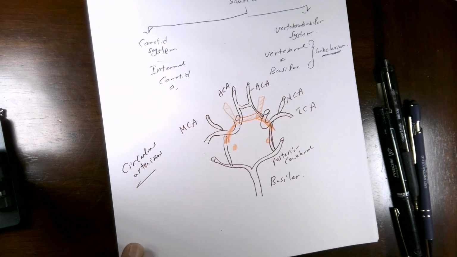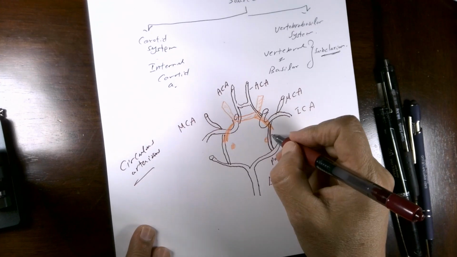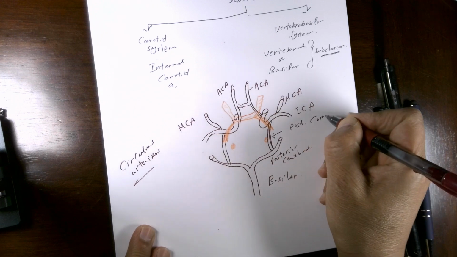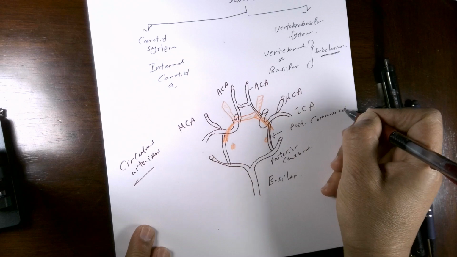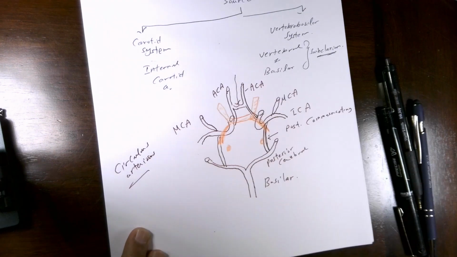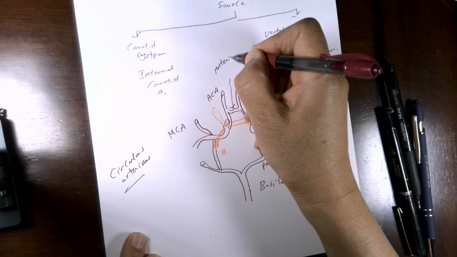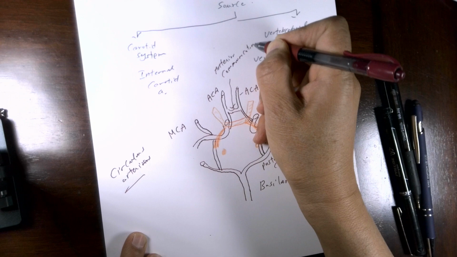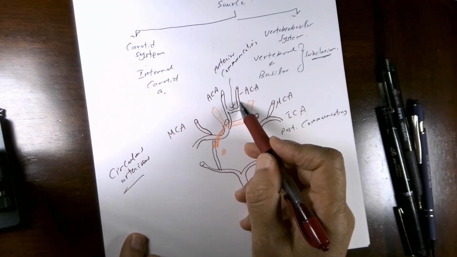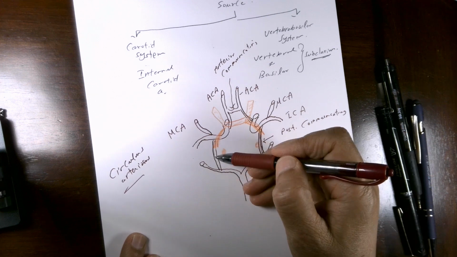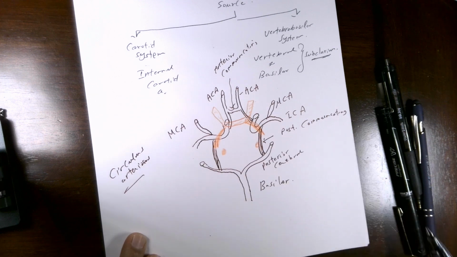So you have posterior communicating artery, anterior communicating artery. The anterior communicating artery connects the anterior cerebral arteries together, posterior communicating connects the internal carotid with posterior cerebral, okay.